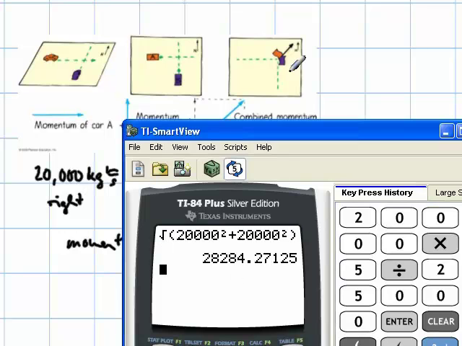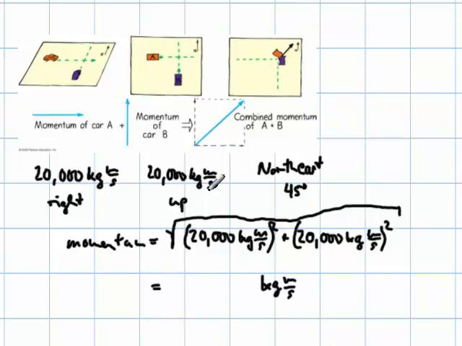Enter. 28,000. So 28,000 kilograms meters per second. By the way, we could have also achieved that by saying, well, because of the 45-degree angle, what we have to do is multiply with the square root of 2. So 20,000 times 1.4 comes out to 28,000 kilograms meters per second.